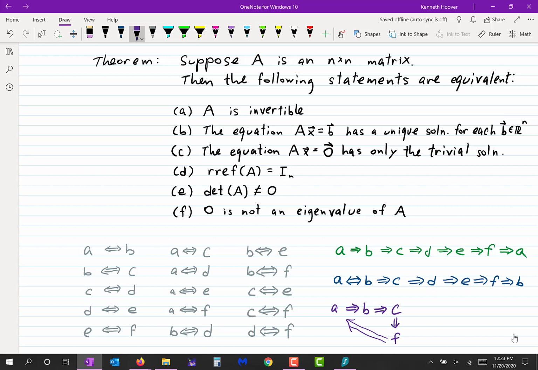There we go. Let me make that big arrow neater. Well, that's not much neater. And maybe C also implies E as well.